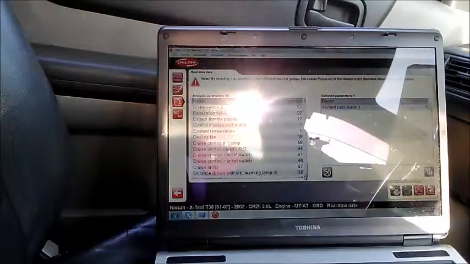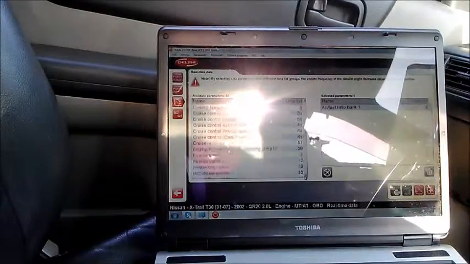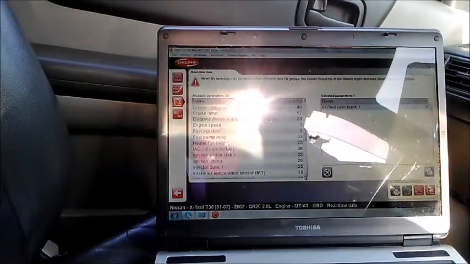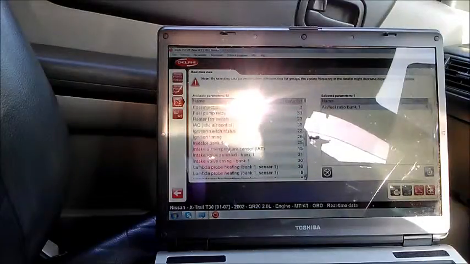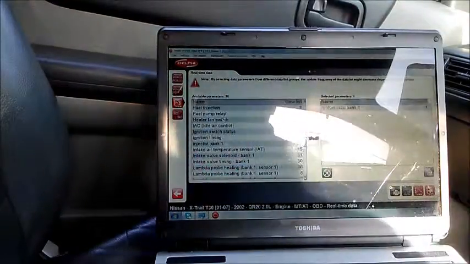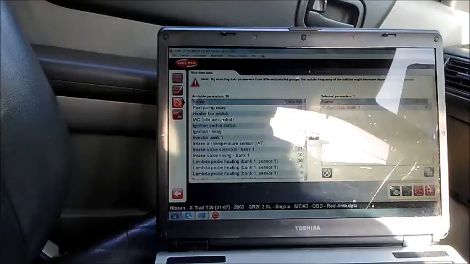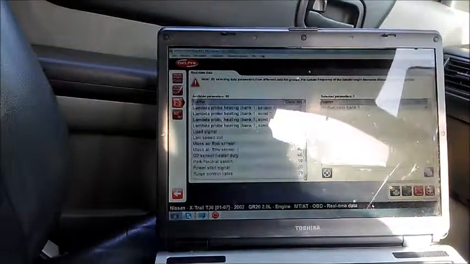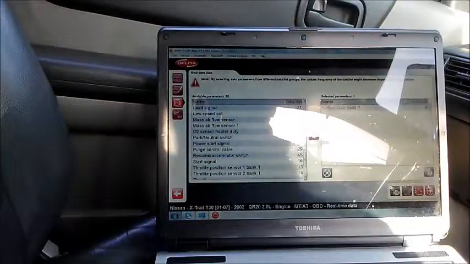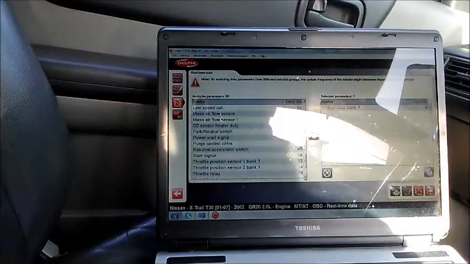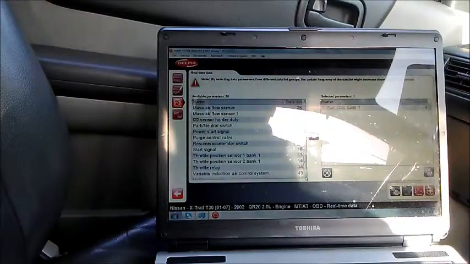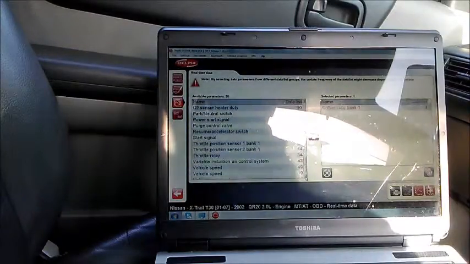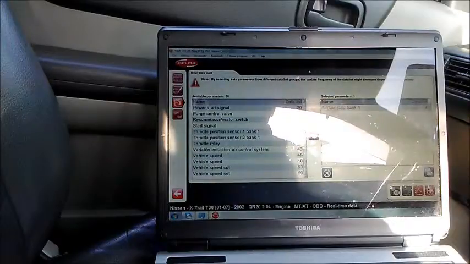And anything else? I already had a look at the valve timing data, so I don't need that at the moment.